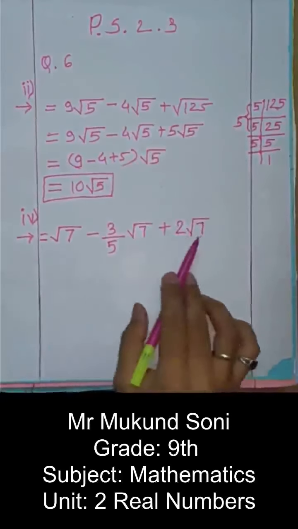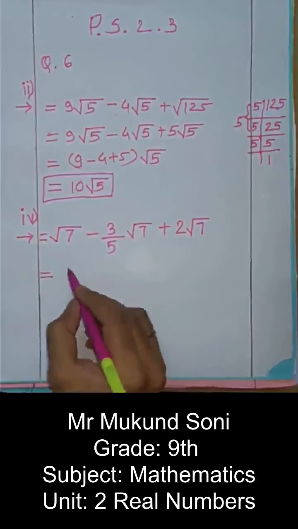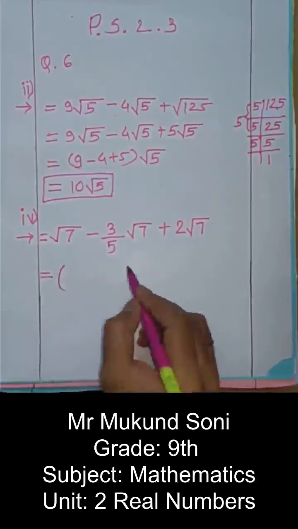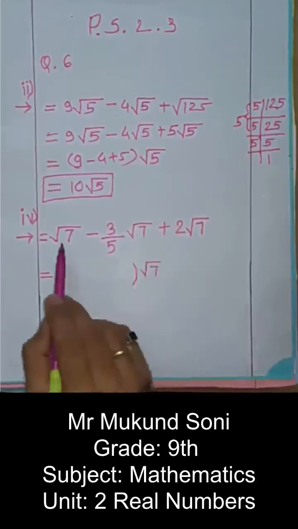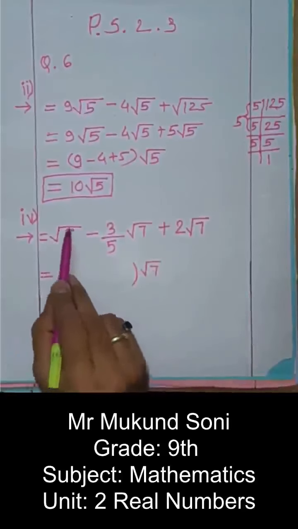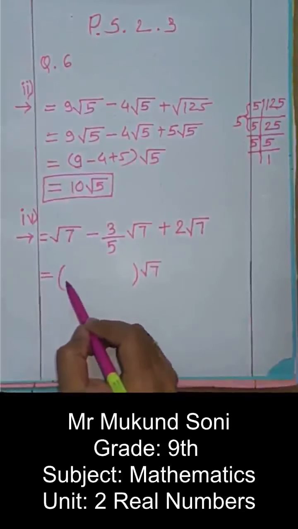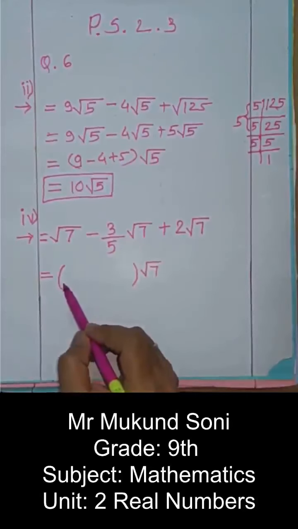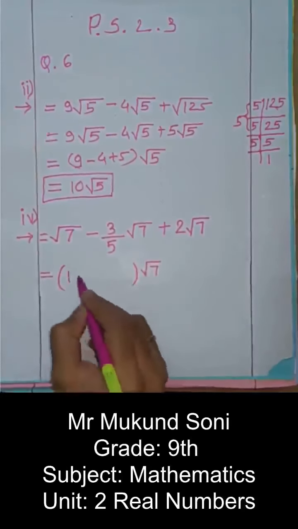Now all of them are like surds. So take the surd common. Now, can you tell what I should write in the place of this root 7 over here? Should I put 0 or 1? Can you recall from my previous example? Correct. It goes with 1.